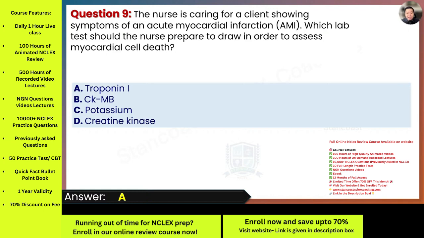Now, why is letter B incorrect? We know that CKMB is a specific isoenzyme of creatinine kinase that may also indicate myocardial injury. But this test is not as specific compared to troponin I. I want you to remember that CKMB peaks earlier, usually within 4 to 6 hours of chest pain, and it returns to the normal range more quickly, let's say within 48 hours.